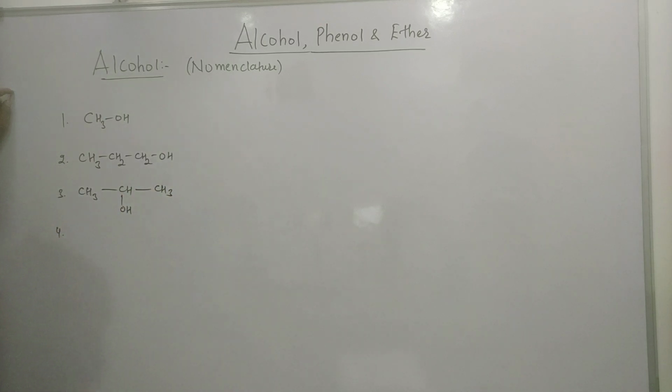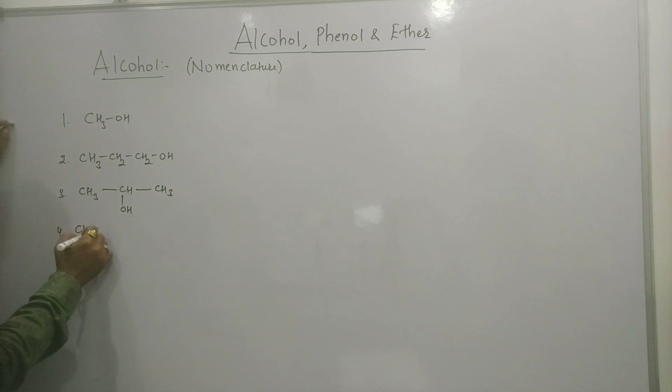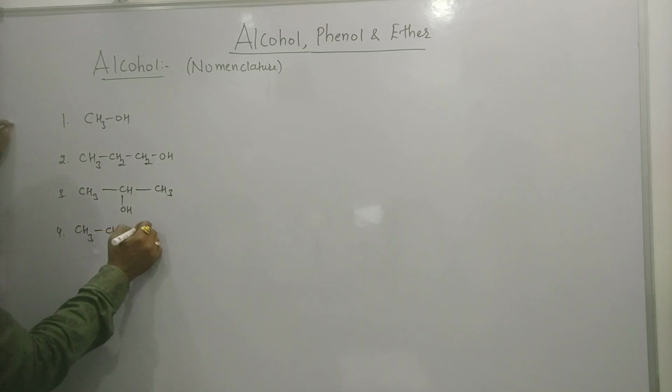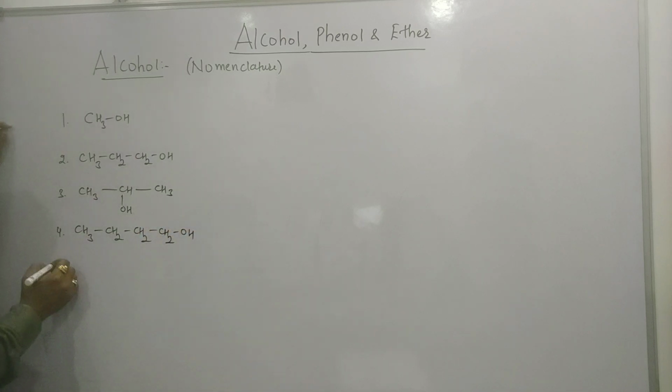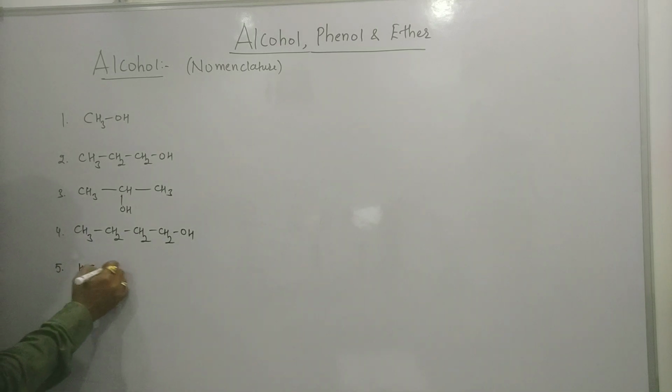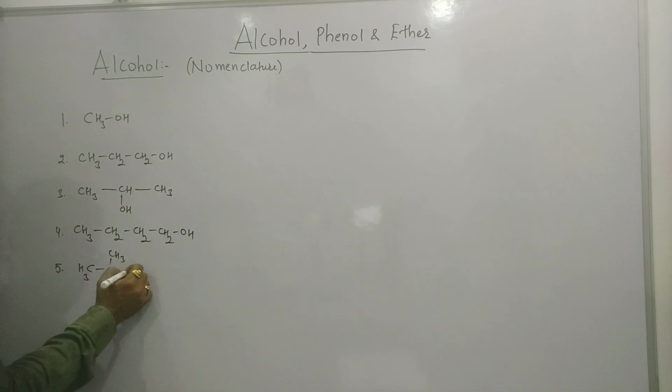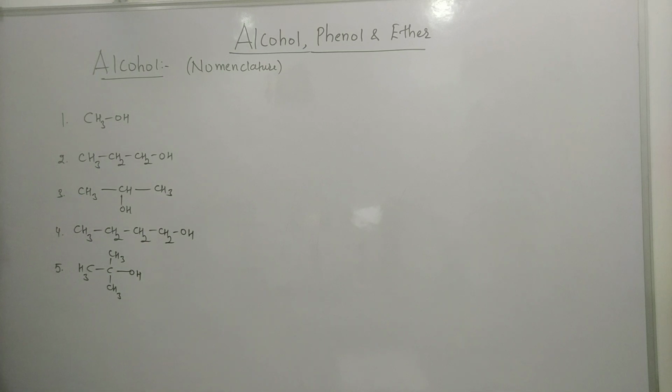And one more compound: CH3, then CH2, then CH2, then CH2, and then OH. Somewhat difficult example we'll take now. Here I will take CH3, then bonded with carbon, then CH3, here also CH3 and OH. These are the few alcohols which I wrote here.